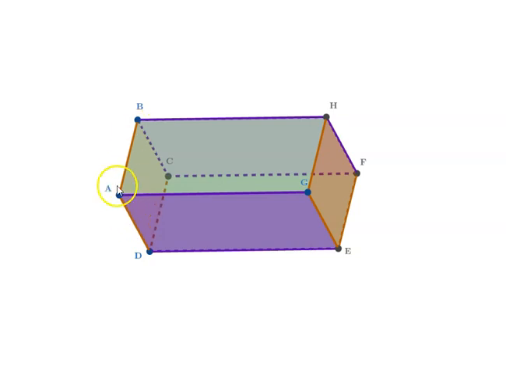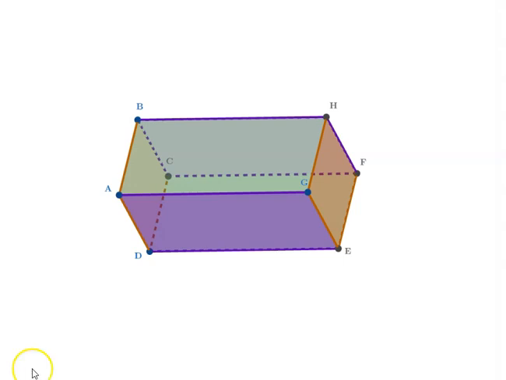Now, AB is parallel to CD and BH is parallel to CF. Now, AB and BH meet each other. DC and CF meet each other in different parallel planes. The angles are going to be equal. That means angle ABH is equal to angle DCF.